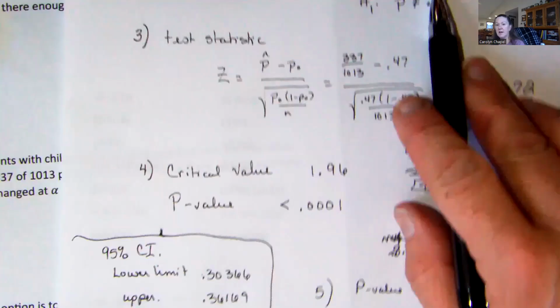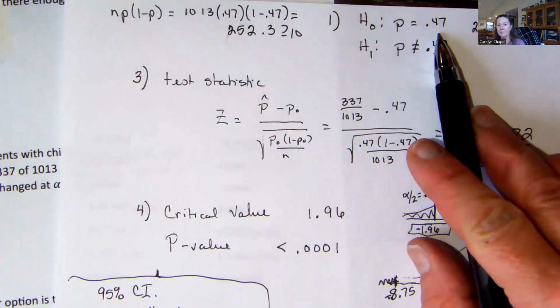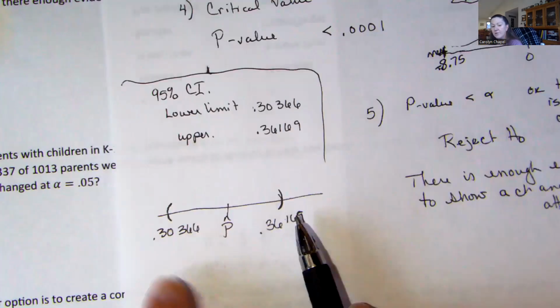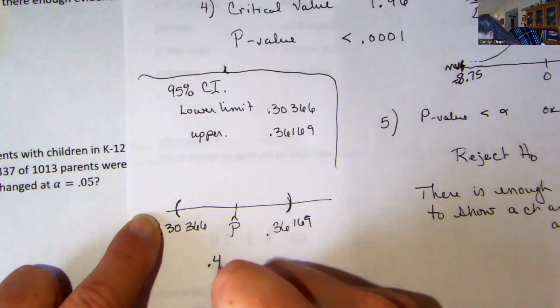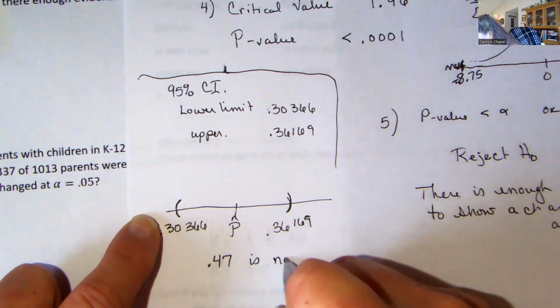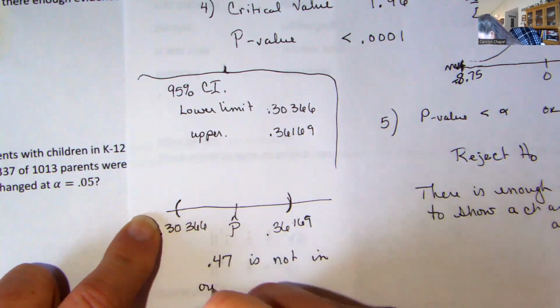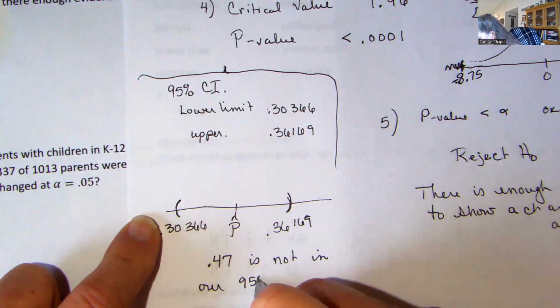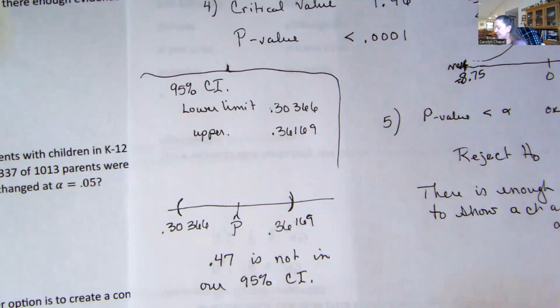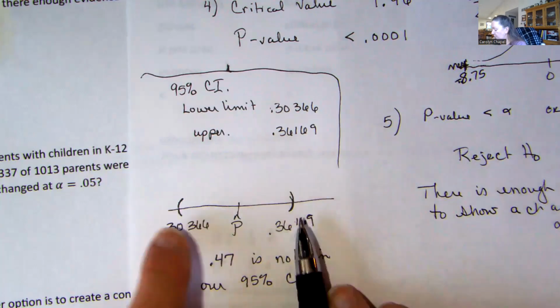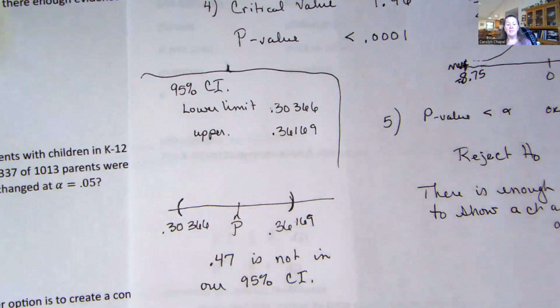Now, if you go back, our original assumption was that the proportion was 0.47. So 0.47 is not in this interval. It is not in our 95% confidence interval. So again, since it's not in there, it means that it's outside. So based on this sample, something has changed. It has, I'm going to guess, shifted down.